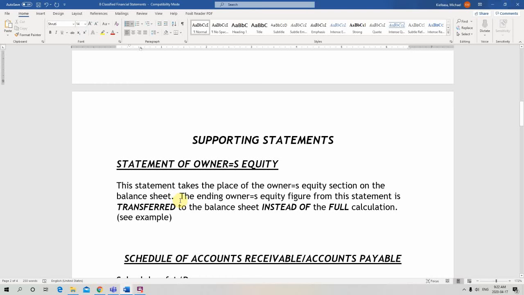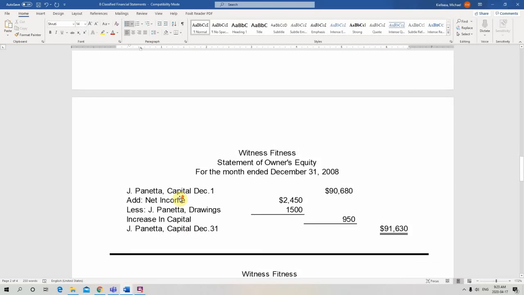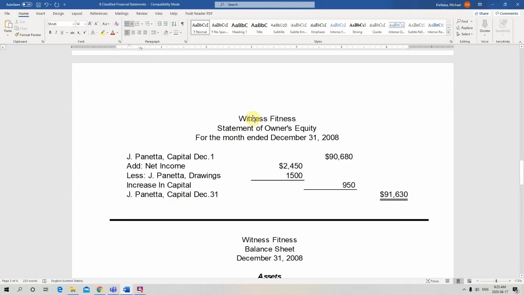So, all right, I'll show you an example. Okay, it looks like this. So again, it's a very small statement. It's just the owner's equity section of a balance sheet on a separate piece of paper.